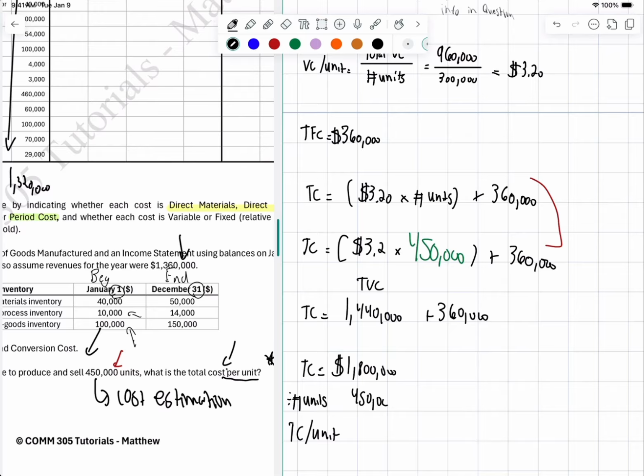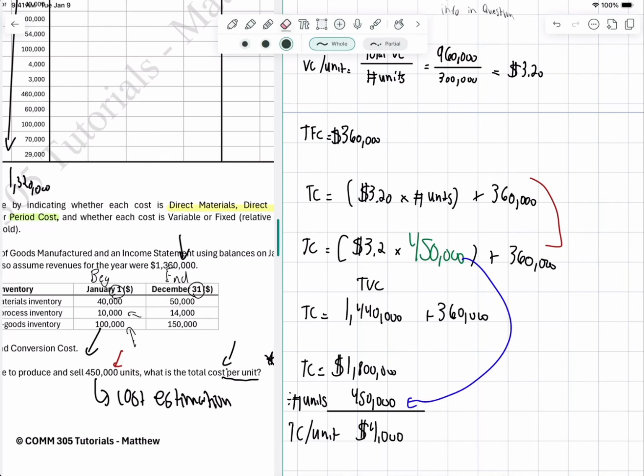So guys, if you spent 1.8 million and that 1.8 million was the result of 450,000 units, all you have to do is divide by the number that got you there. So we take 1.8 million, we divide by 450,000, and that will give you $4 a unit. And that is your answer. I wrote 4,000, whoops, $4. Let's just write here 4.00.